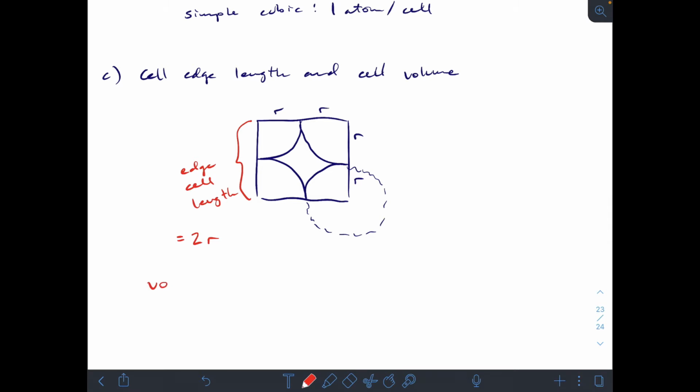And so my volume is just length times width times height. So the volume will just be 2r cubed. Okay, and this will be slightly different for the other unit cells. We'll talk about those in turn in just a moment.